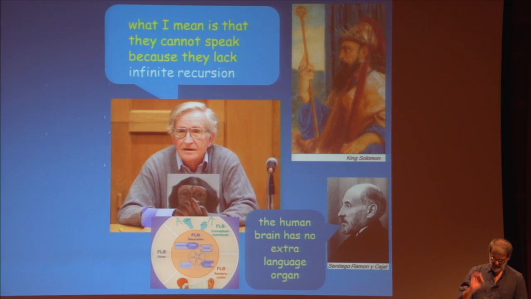Then Chomsky changes his position a bit and says it's not really a device that monkeys are lacking, but something more ephemeral, a process, something like an algorithm, something that goes on inside the same brain that primates have.